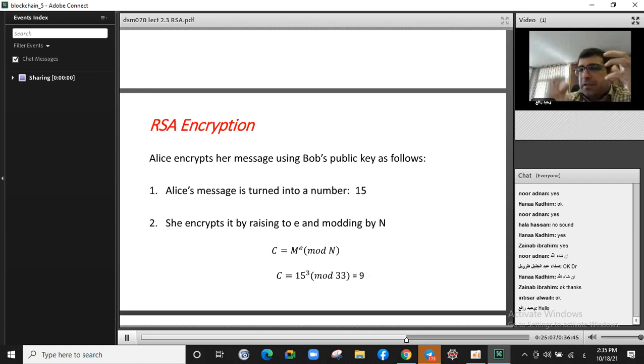It's just a simple solution. However, with some approaches, we convert our message to a number or some numbers.